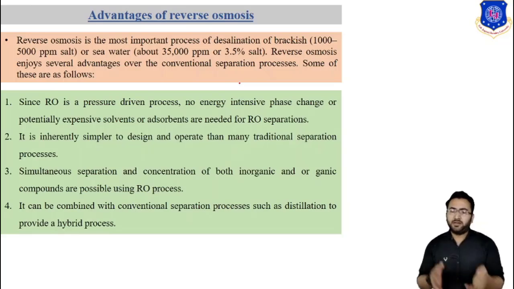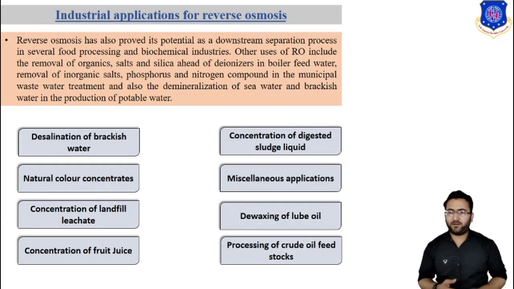We can use reverse osmosis by replacing the condenser, and we can get a pure amount of vapor where azeotropes are formed. So we can use reverse osmosis as a hybrid process with an existing distillation plant to get higher purity compared to simple distillation and other processes. So these all are various advantages of reverse osmosis.